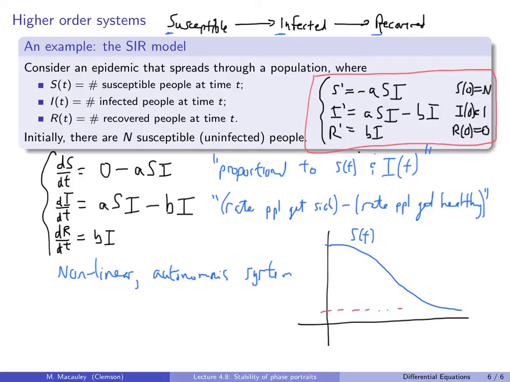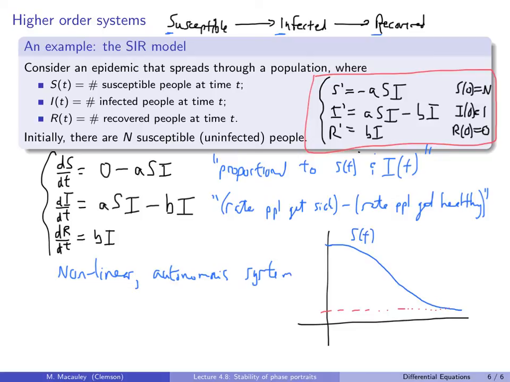Now, some people, I never had avian bird flu, so I'm one of these people who is still susceptible to this day. The people who have not had chickenpox are susceptible to that disease. So this doesn't necessarily go down to 0 unless everyone truly does get sick.